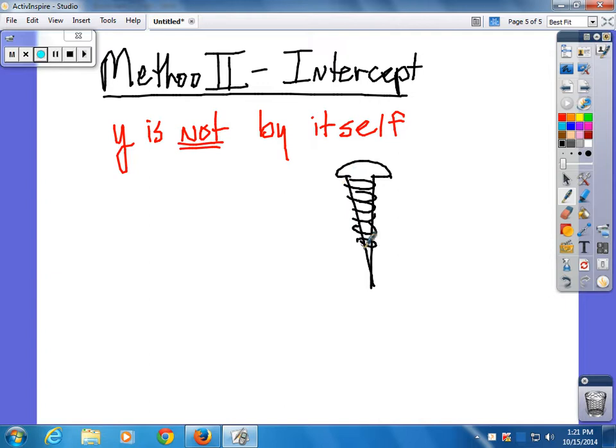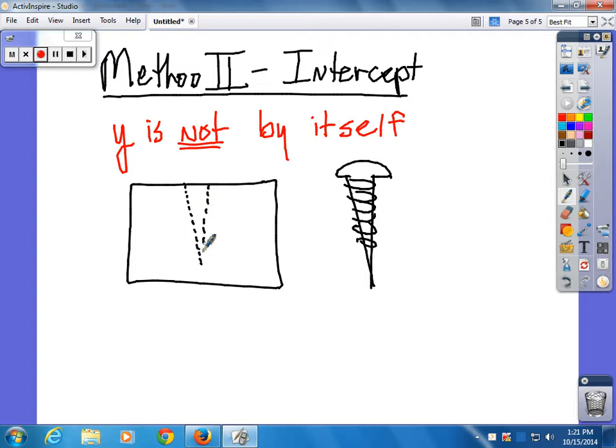So if you take that screw and you drive it in this piece of wood right here, even though the screw is shaped like this, how big is the actual hole going to be? It's going to be about this. Why is it going to be bigger? Because the threads stick out a little bit here and a little bit here.